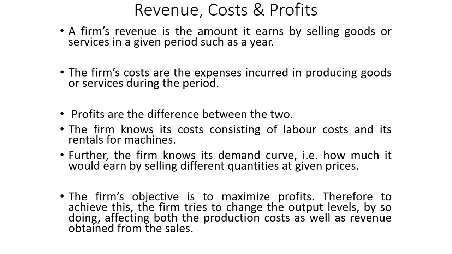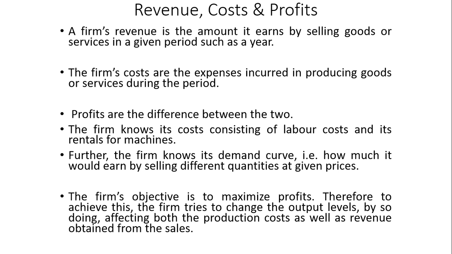Revenue is what you get after selling something, and cost is the expenses that you incur during the production period. Therefore, profit is the difference between revenue and total cost.